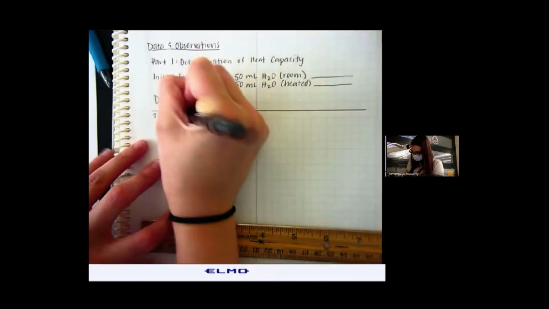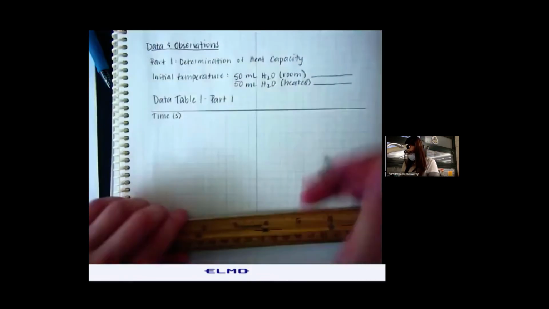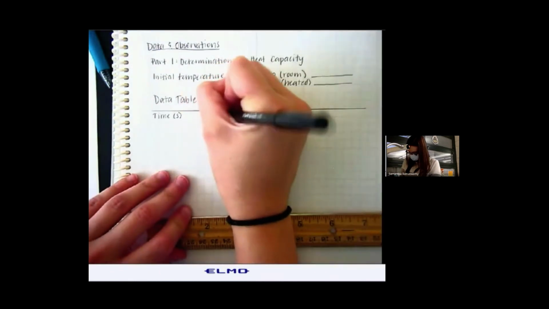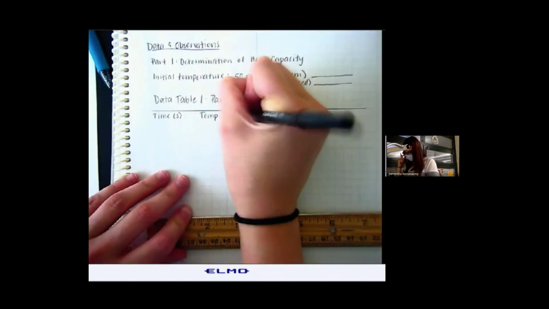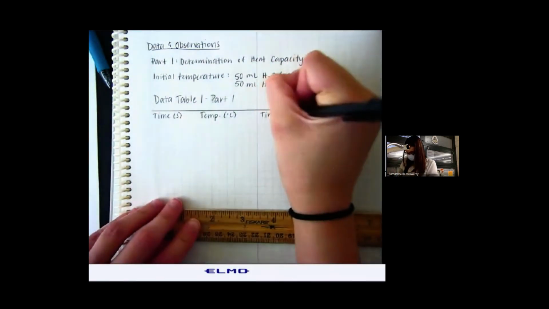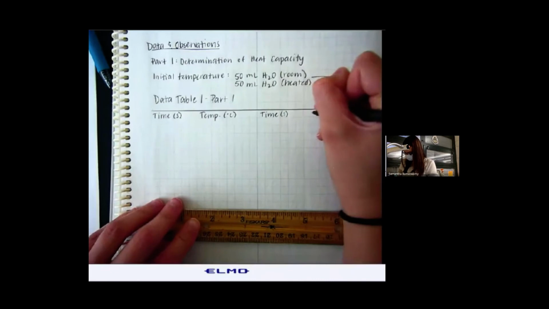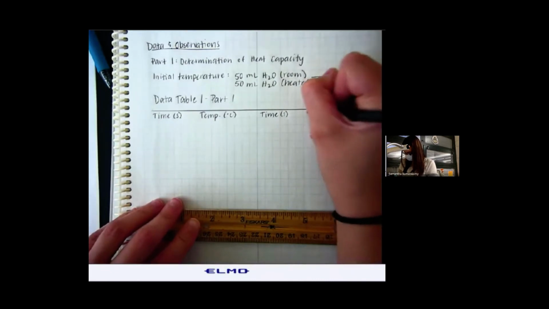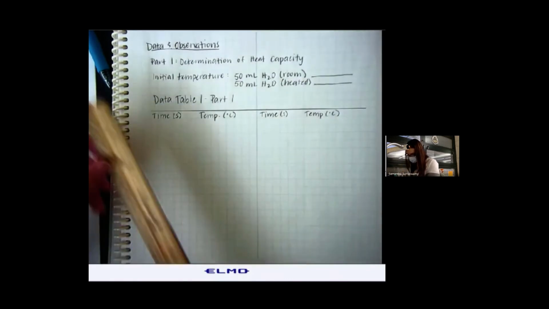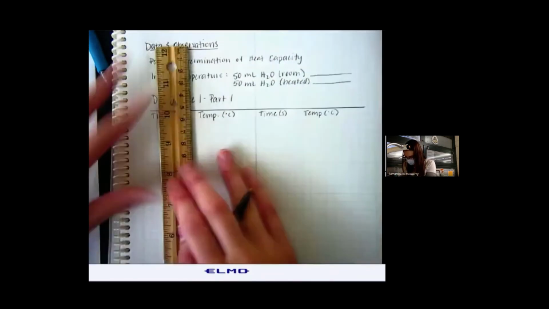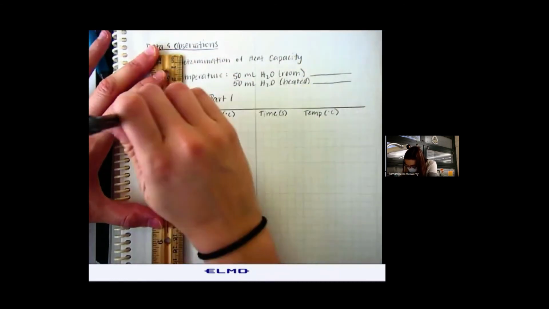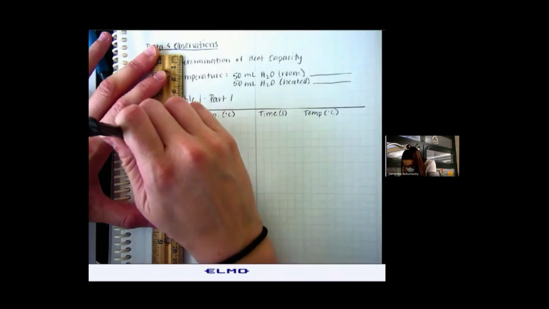So time in seconds. Temperature in degrees Celsius. Yeah, this will be fine. Time in seconds. And temperature in degrees Celsius. Also, mine's not going to be as even probably as it should be. 1, 2, 3, 4, 5, 6.